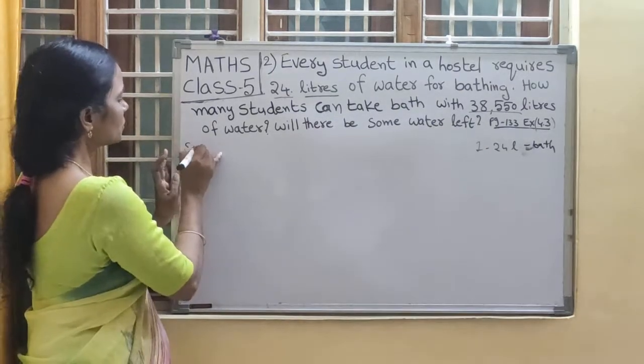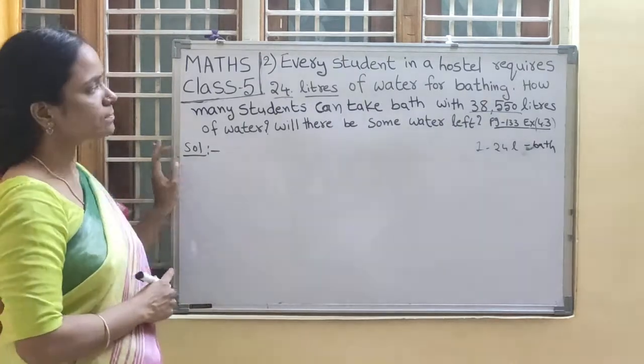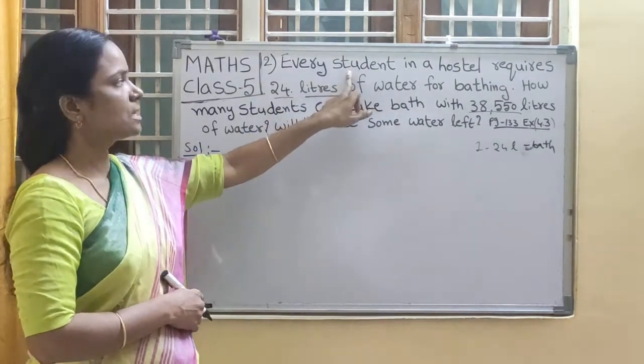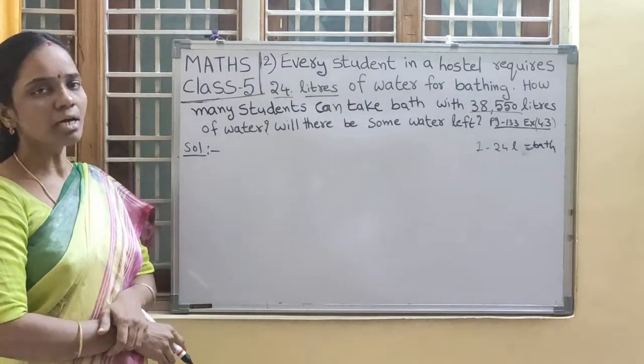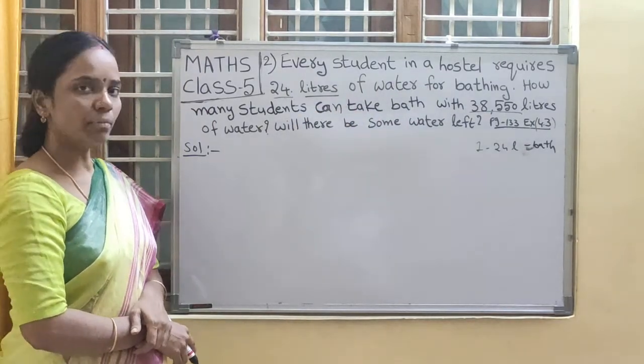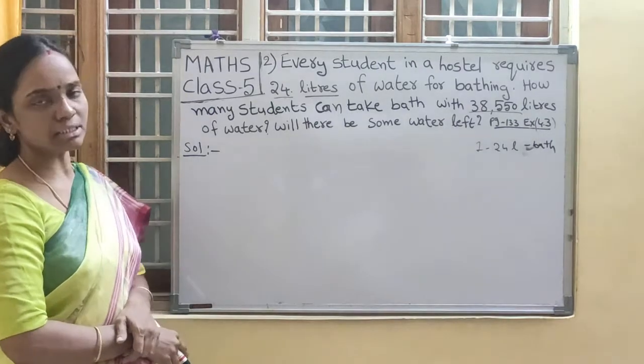So write down the solution. What is the first statement from the first sentence? Every student in a hostel requires how many liters of water? 24 liters of water for bathing. So from that we take statement 1.